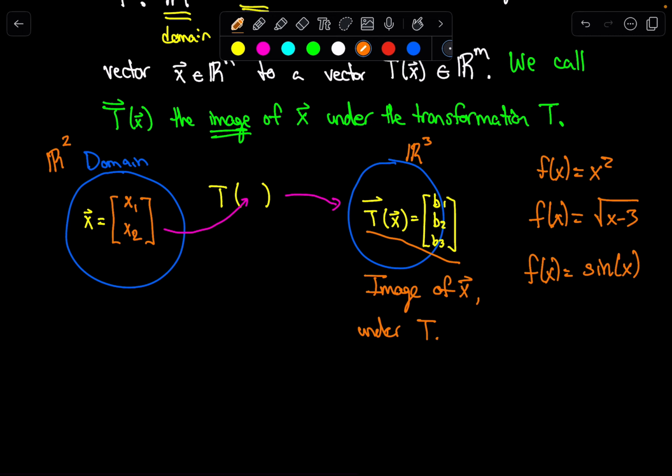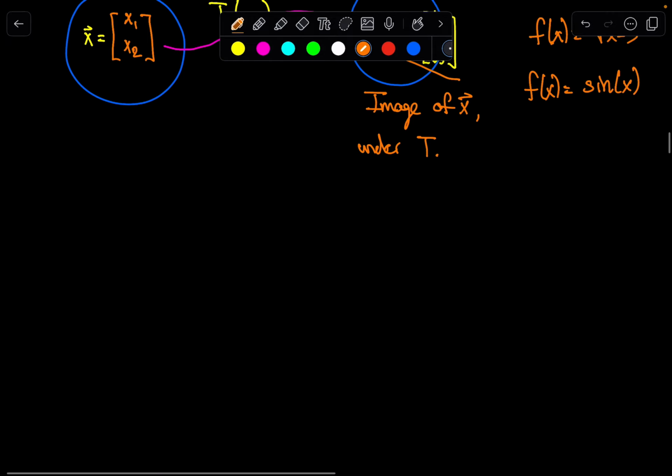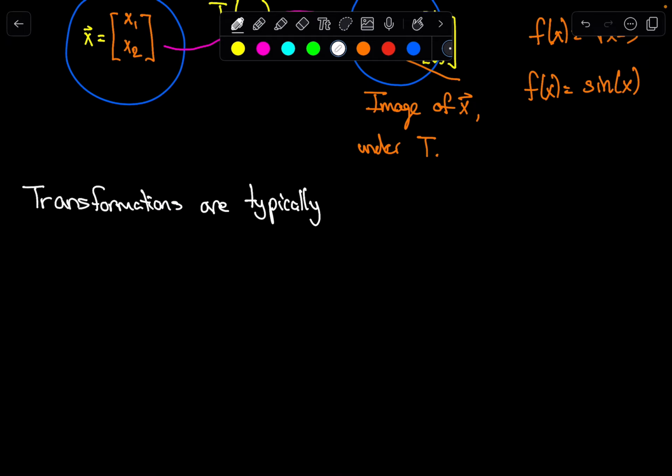Do we have anything that says you plug in some vector and you get out some new vector? And it turns out that we actually do. And so transformations are typically defined by matrices, defined in linear algebra, using a matrix A.